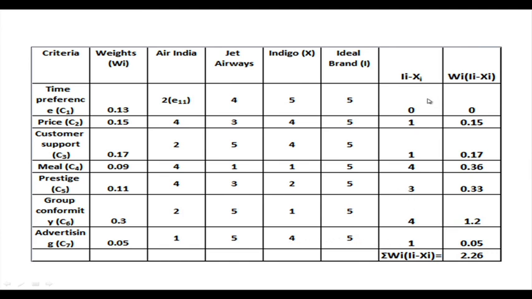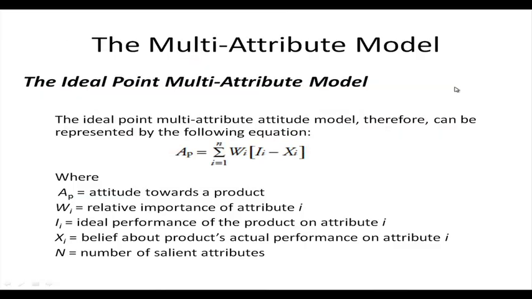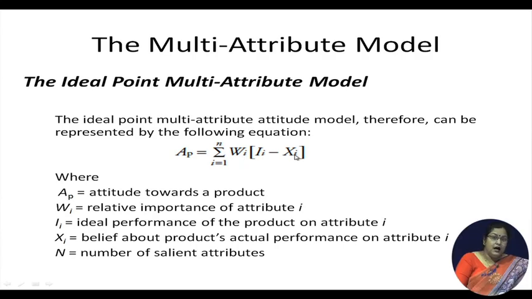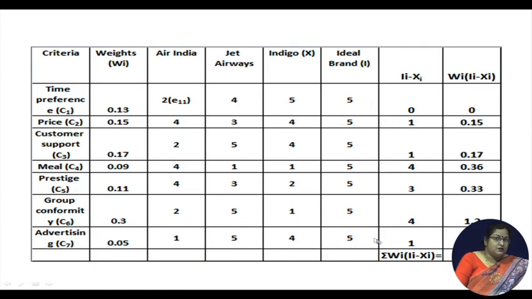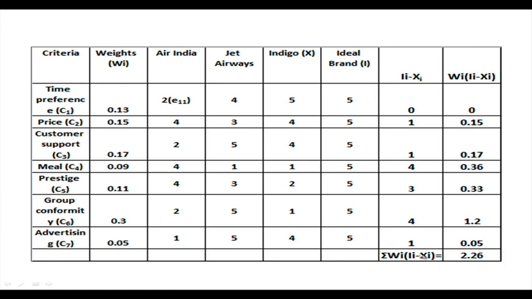Now we will multiply this differential with the weightage to get the score which we have mentioned here, that is sigma of Wi into Ii minus Xi. So, we get the score 2.26 for Indigo.